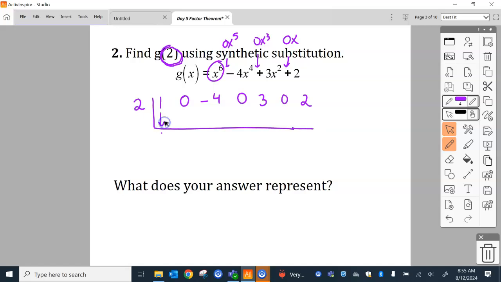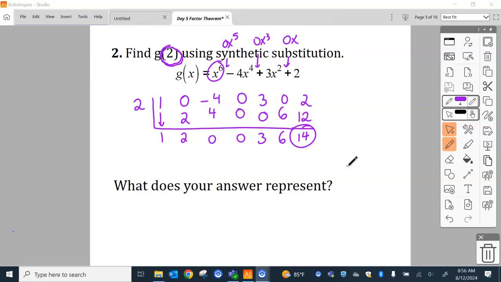All right, bring down that first number, multiply, add, multiply, add, multiply, add, multiply, add, multiply, add, and finally we add. Okay, so we get a remainder of 14. That very last number is 14.